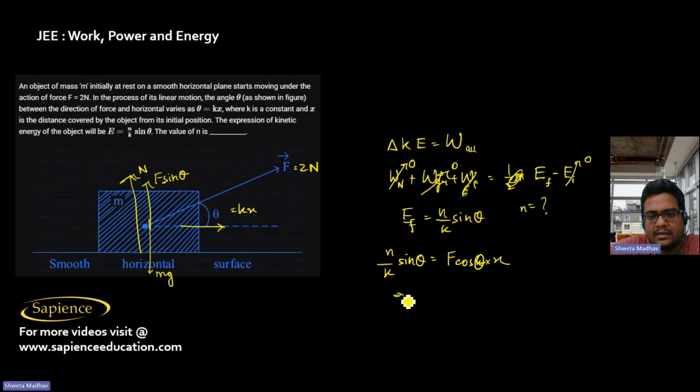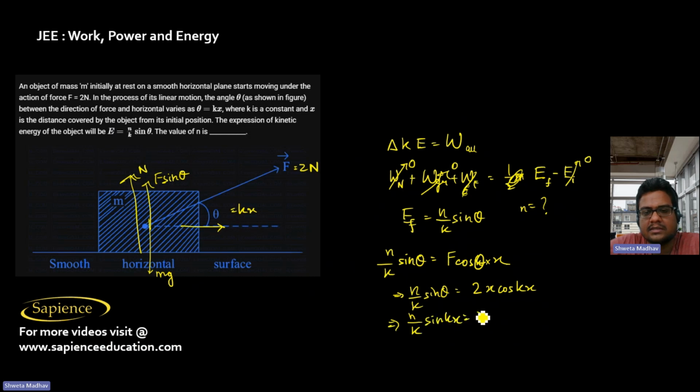Therefore n by k sine theta is equal to F, that is 2 Newton, into x cos theta, so 2x cos kx.